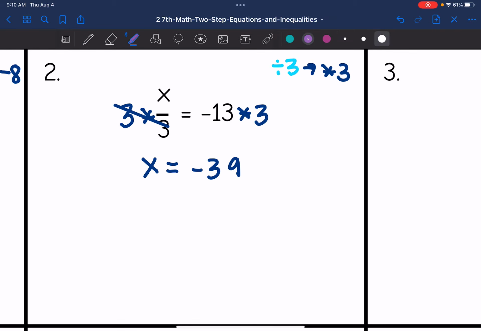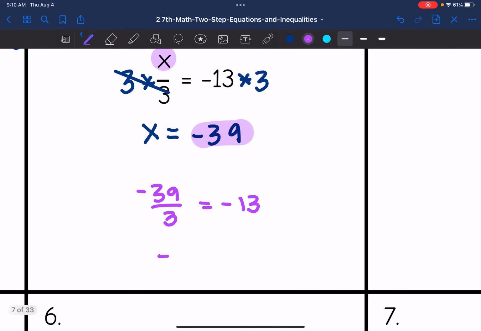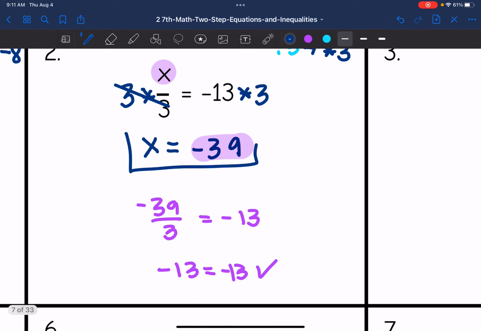Last thing I need to do is verify that the solution is correct, so I'm going to replace x with negative 39. And I get negative 39 over 3 equals negative 13. And negative 39 divided by 3 is negative 13. So we did this correctly. So our solution is x equals negative 39.